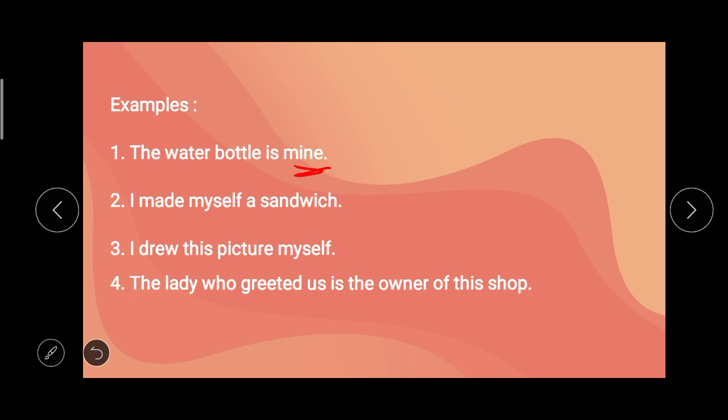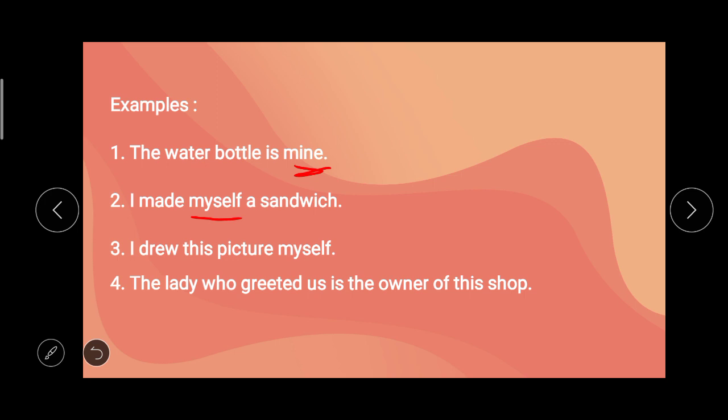Here you can see the word myself. It is showing the action done by the subject, that is making a sandwich, and the action which has been done by him affects the subject itself. So we will call it reflexive pronoun.